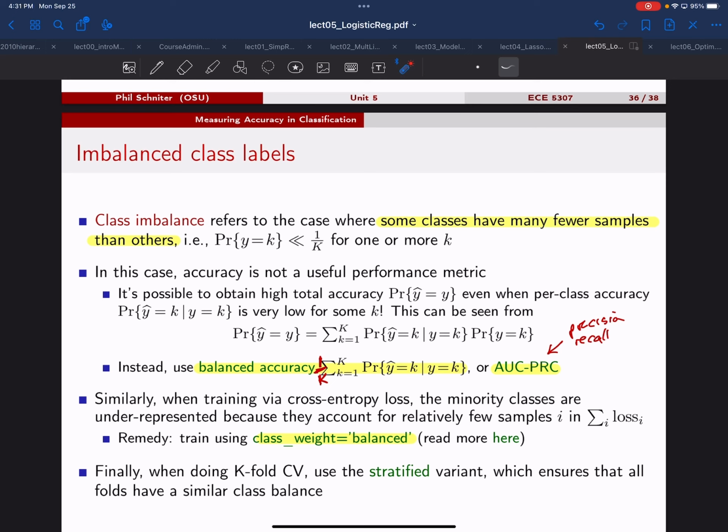So there's an approach to k-fold called stratified k-fold, which makes sure that all the folds have the same class balance as the overall data set does. It just forces that when it generates the indices for the splits. So you have stratified k-fold, and balanced class weights when you do your training, and with these two things, you can make your classifier more robust to the presence of imbalanced class labels.